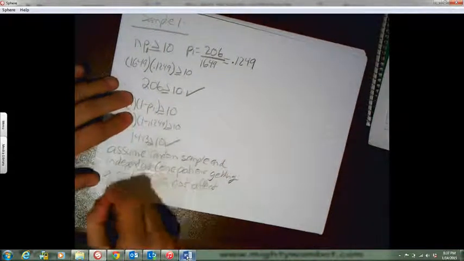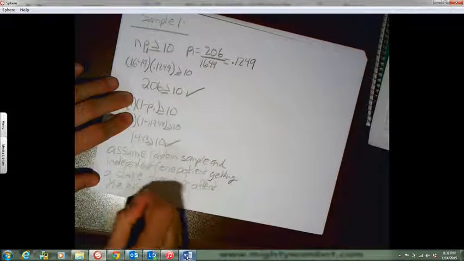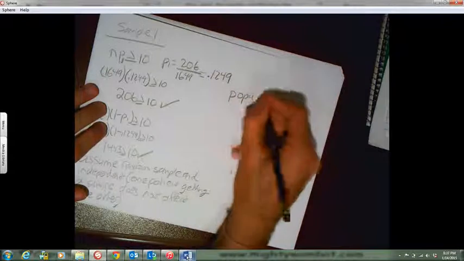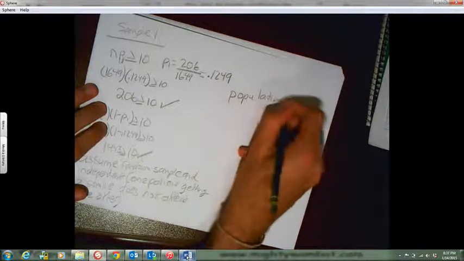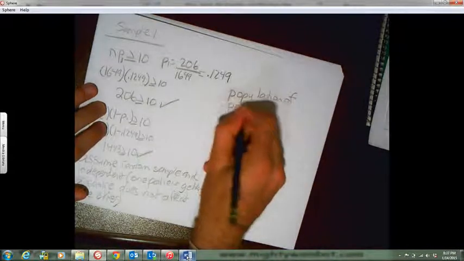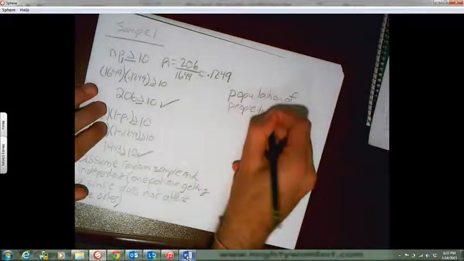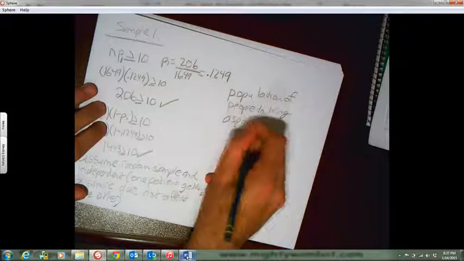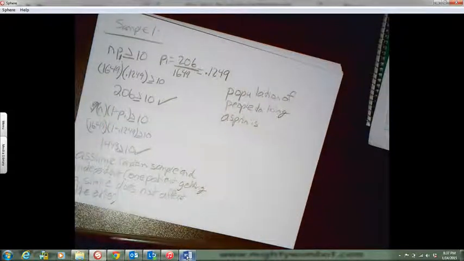And the other condition is that the population of people taking aspirin is 10 times the sample.